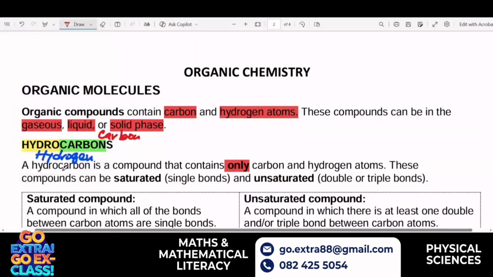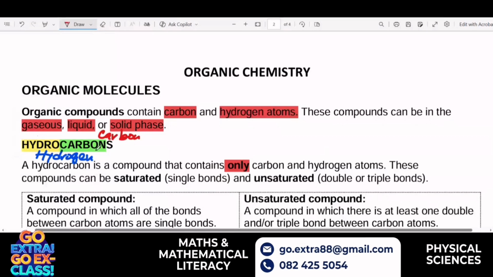So hydrocarbon is a joint word of hydrogen and carbon. Basically, hydrocarbons are a group of compounds made up of only carbon and hydrogen atoms. So we want to focus on that.